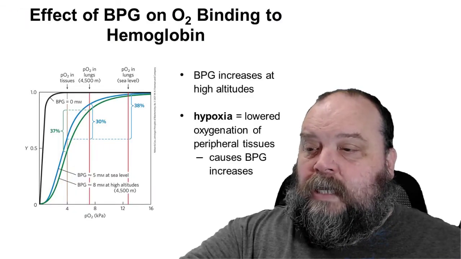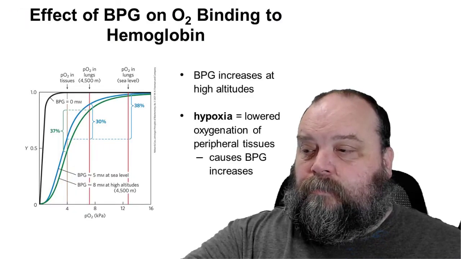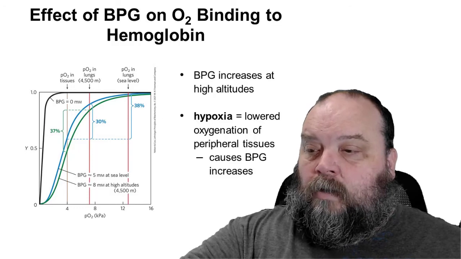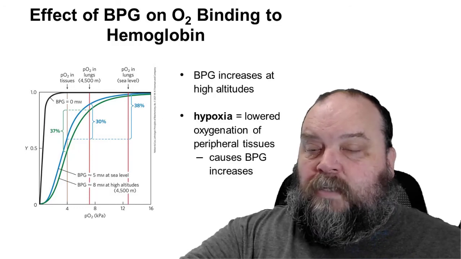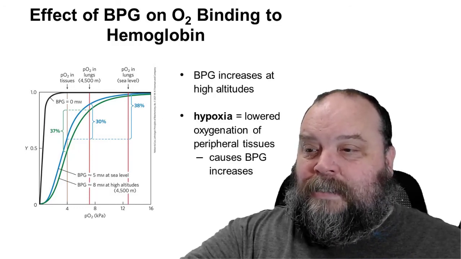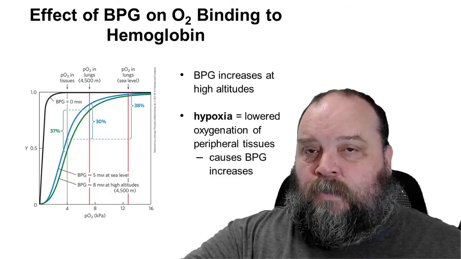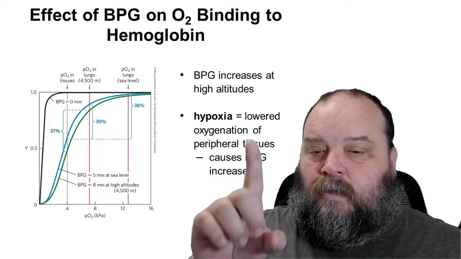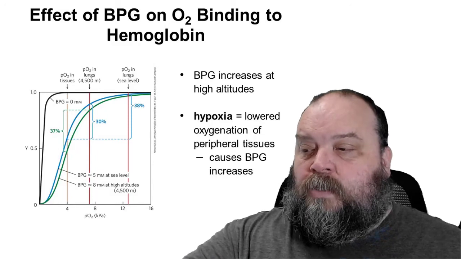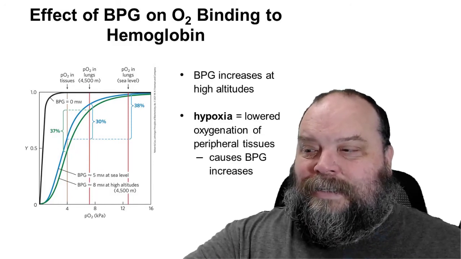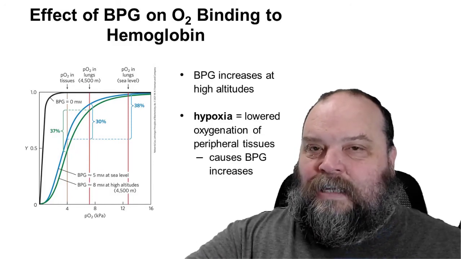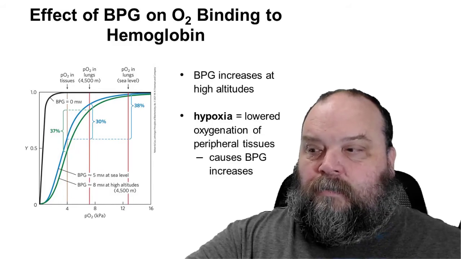But what we can see is that bisphosphoglycerate increases at higher altitudes. You look at this figure here, you see that the saturation, the Y, decreases.